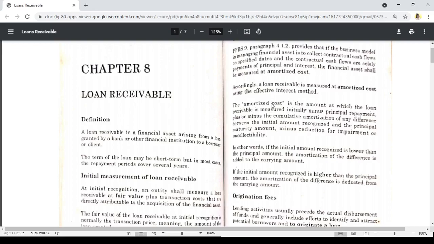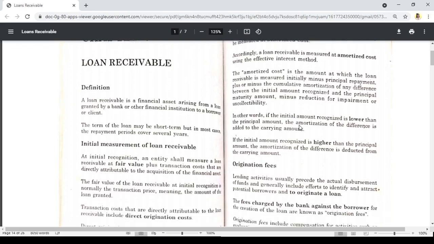As you can see here, the definition of amortized cost is just the same as the definition that we can find in the notes receivable, but there is still a difference because these two types of receivable, namely the notes and the loans receivable, have different nature. So how would the loans receivable be recognized?